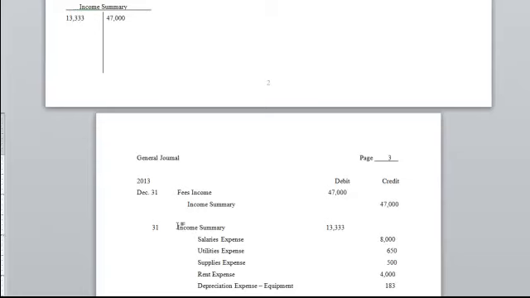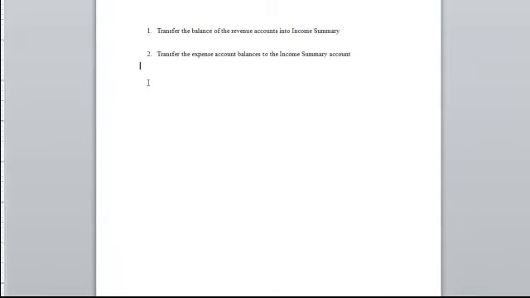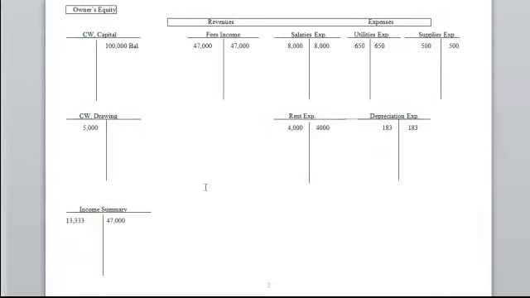Okay, the third step is to transfer the balance of income summary to the owner's capital account. All right, so I look back down here.